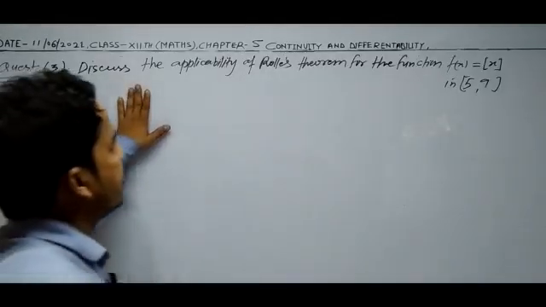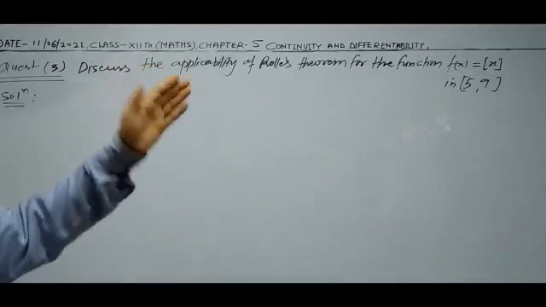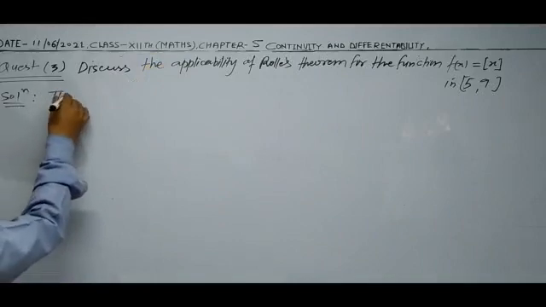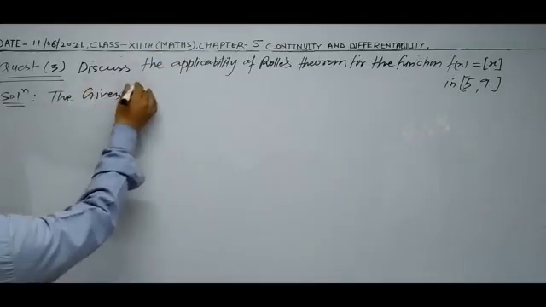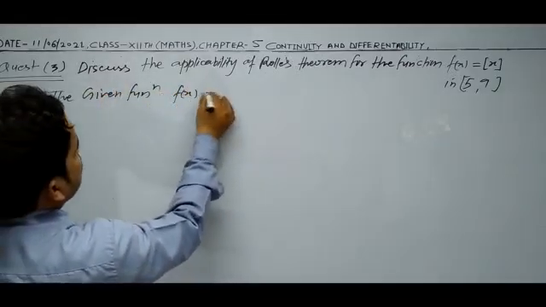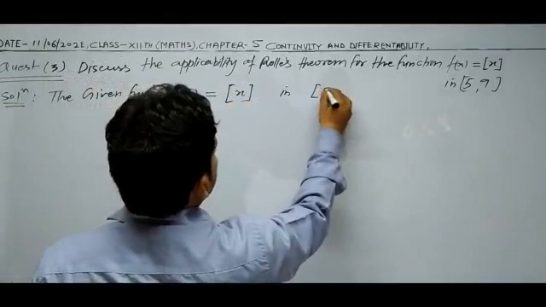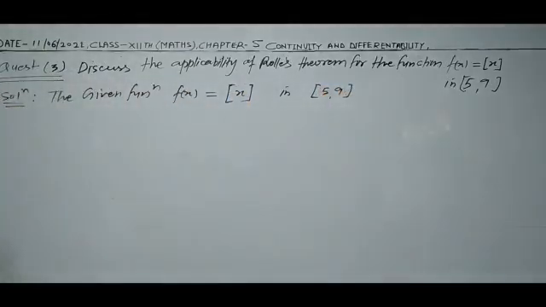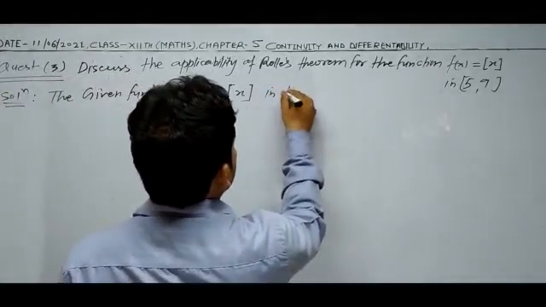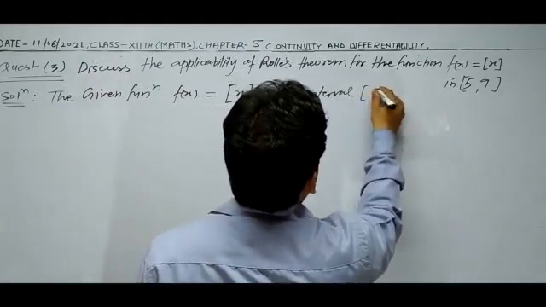Discuss the applicability of Rolle's theorem for the function f(x) is equal to the greatest integer function of x, in 5 to 9. So the given function f(x) is equal to the greatest integer of x in the closed interval 5 to 9.